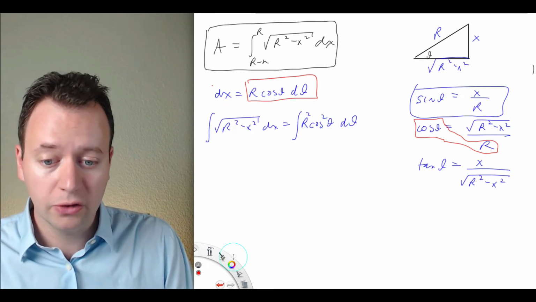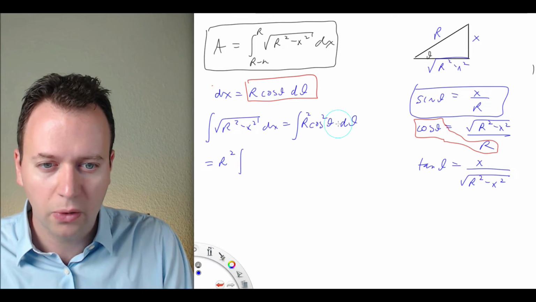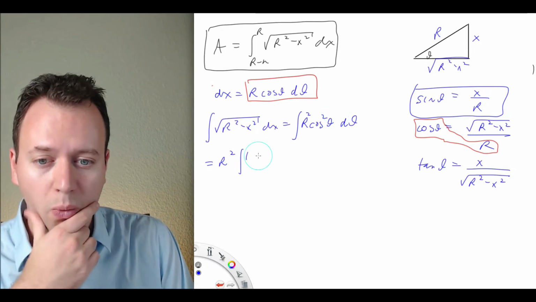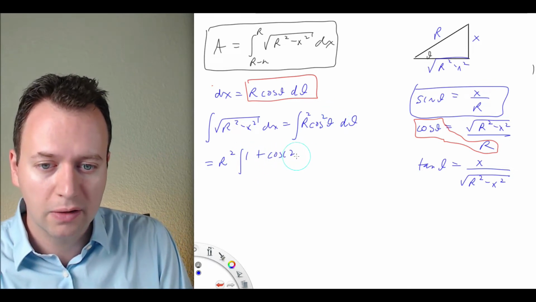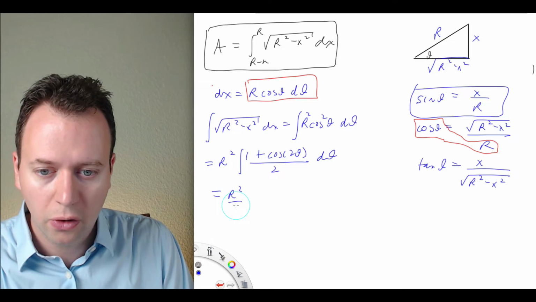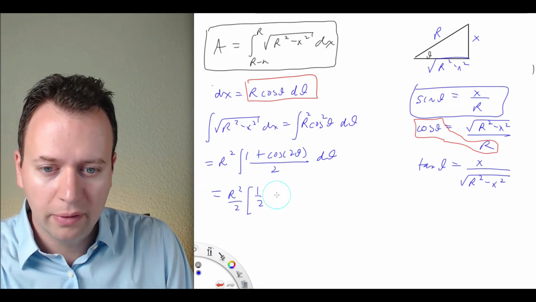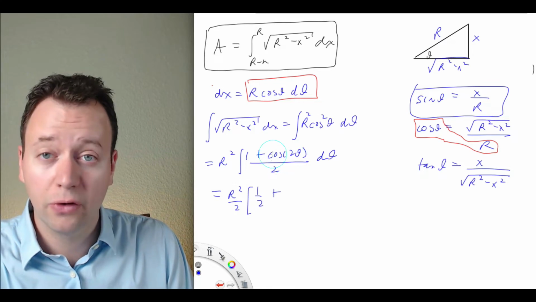To integrate cosine squared of theta, this is r squared times the integral. Cosine squared theta is equal to 1 plus cosine of 2 theta over 2. We're going to do the substitution. So we get r squared over 2 times 1/2 plus the antiderivative of cosine, which is sine.